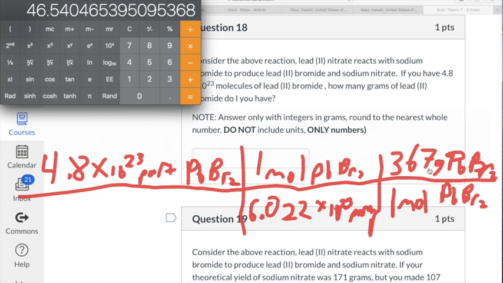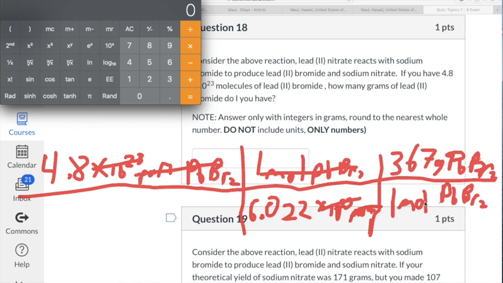Plug that into our calculator one more time. I can get rid of this times 10 to the 23rd because it's also right there. That makes my life a little bit easier. Remember, I can cross out anything that's on the top and bottom of any part of this. So I can cross all this stuff out.